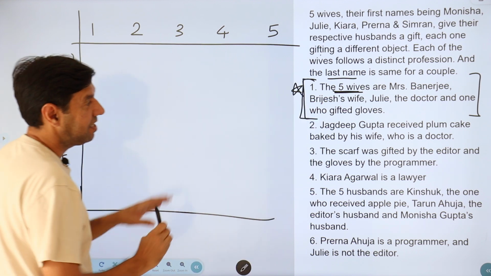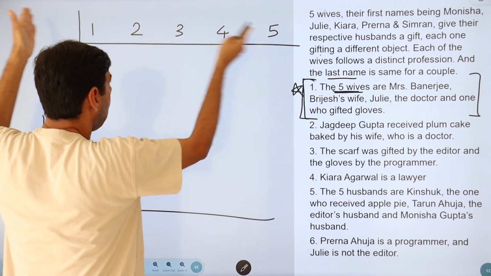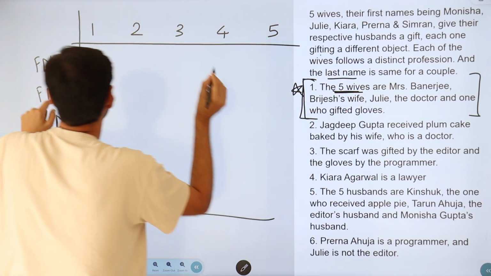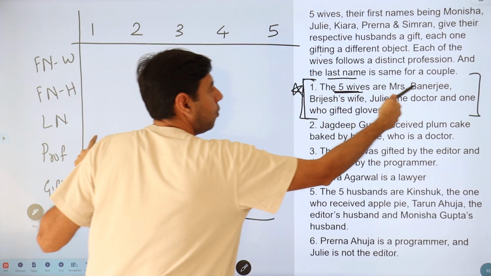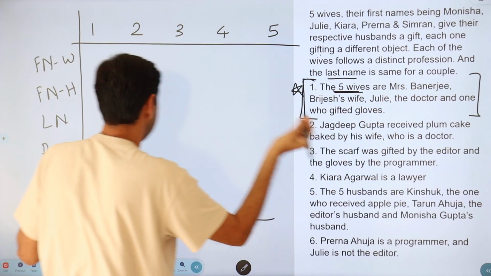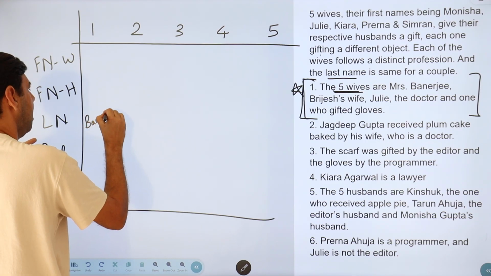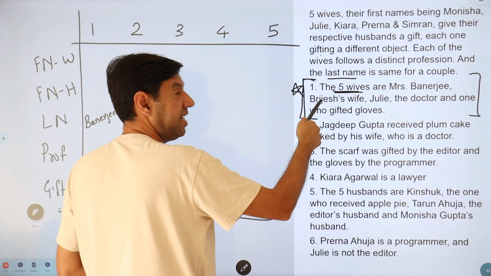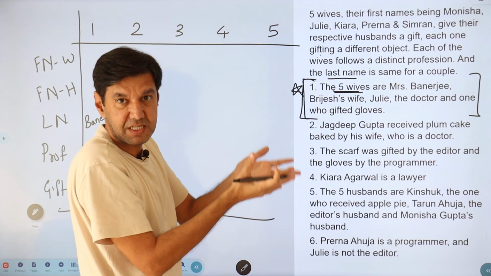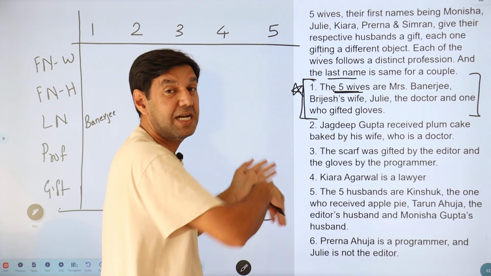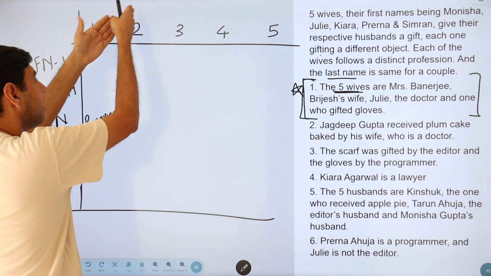Now these are 5 individuals, there's no order amongst them, we are just saying first, second, third, fourth, fifth, right? One is Mrs. Banerjee, so you need to use common sense that this is the last name, so one last name is Banerjee. Brajesh's wife, now Brajesh would be the first name of a husband, again you'll have to assume that sort of data here, is another individual, so this is not that, that's the second.